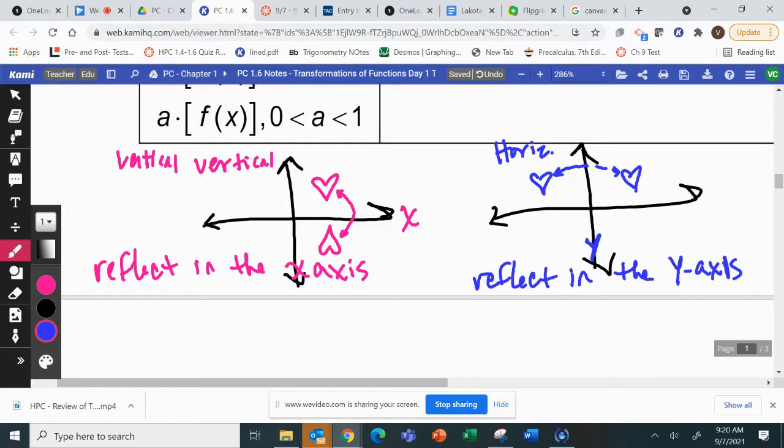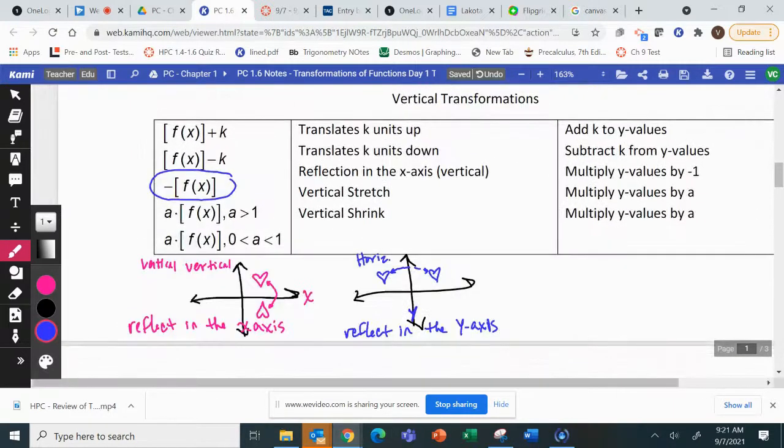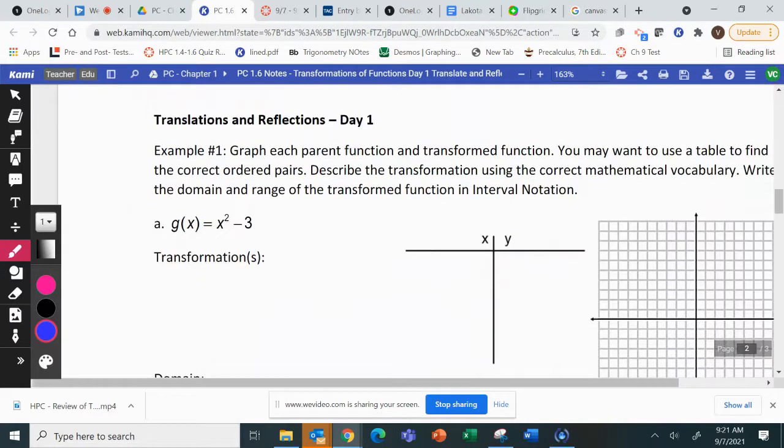Again, it contradicts what you would normally think, but it's because of the direction it's reflecting and which axis it's reflecting over that you label it that way. In these boxes, I have what you say about it and what you do to find values, but we're just going to go over that with examples.